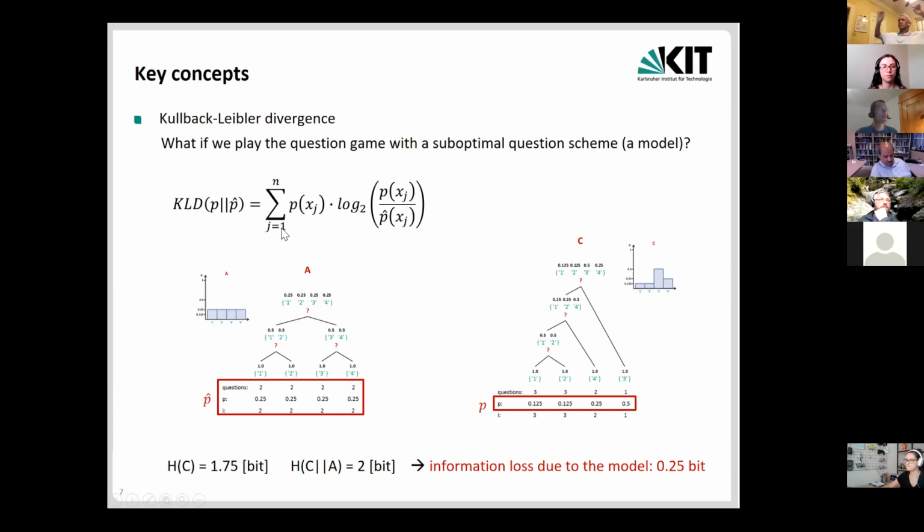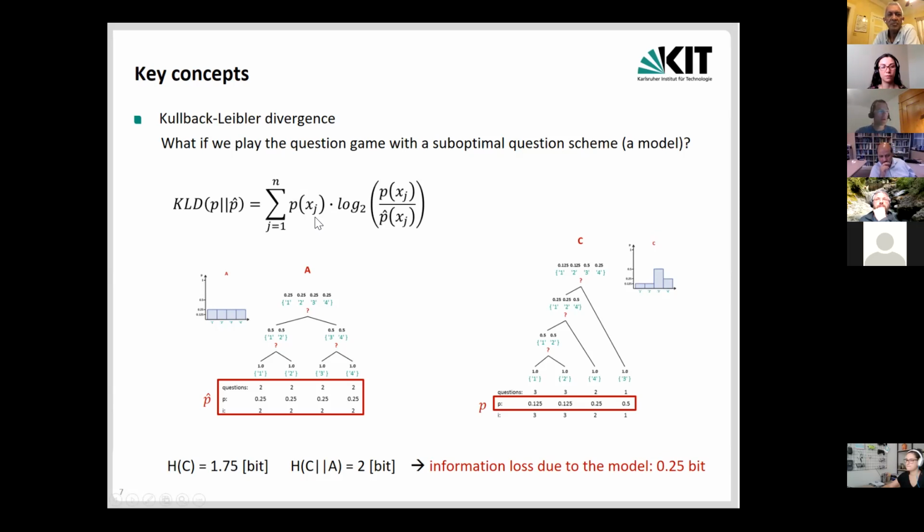So you can see here, compared to the calculation of entropy, we have the probability according to the model that we're using, instead of the true probability of a certain outcome. But the expectation, of course, the summing up, is done with the true probability of the outcomes.